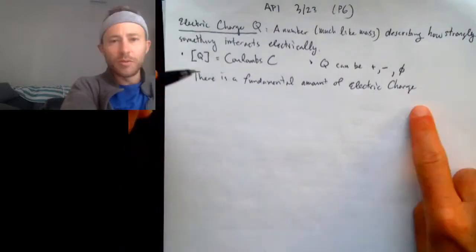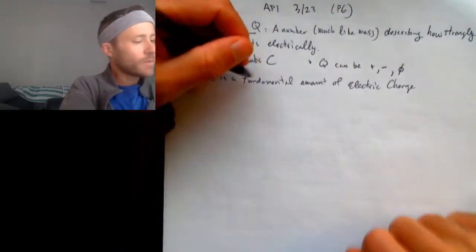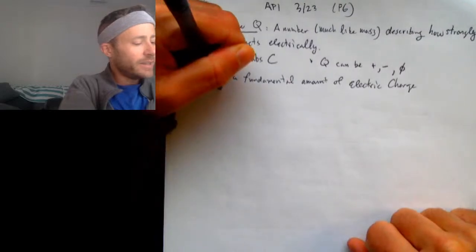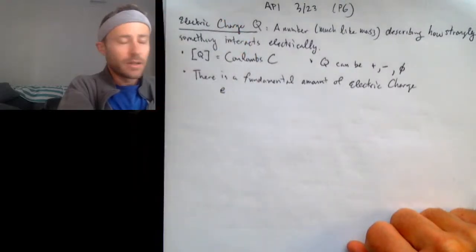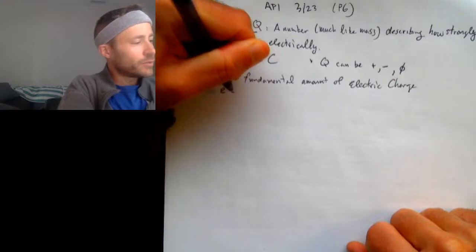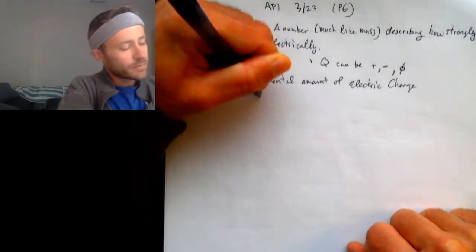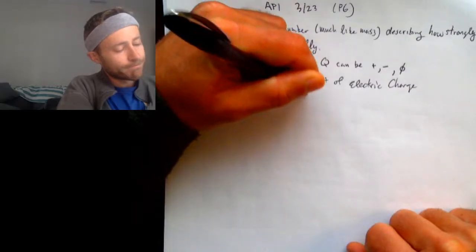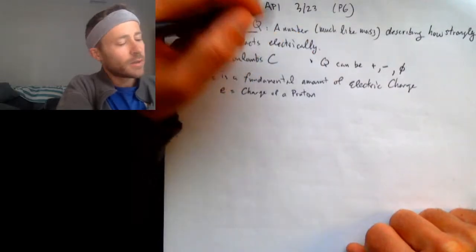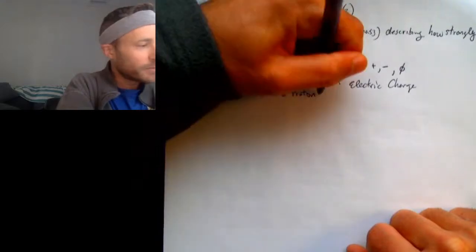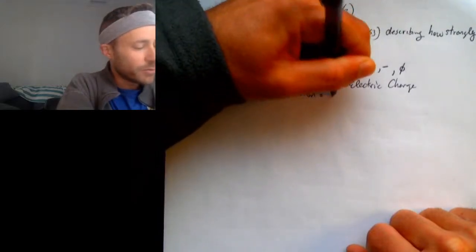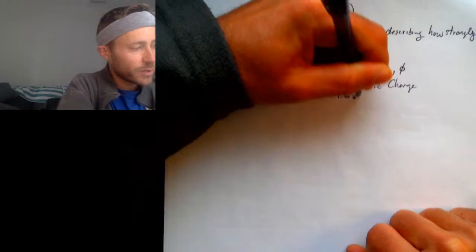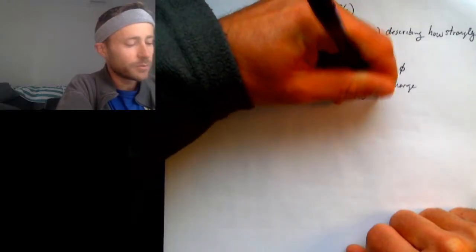And so that fundamental charge is denoted by e, and it is equal to the charge of a proton, okay? And the charge of a proton in coulombs is plus 1.6 times 10 to the minus 19 coulombs.